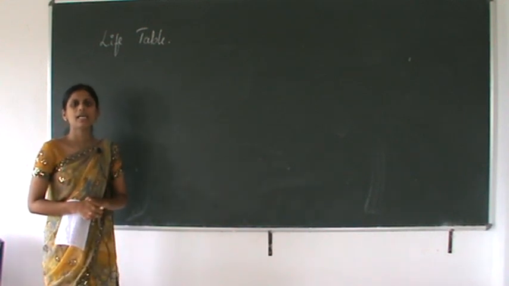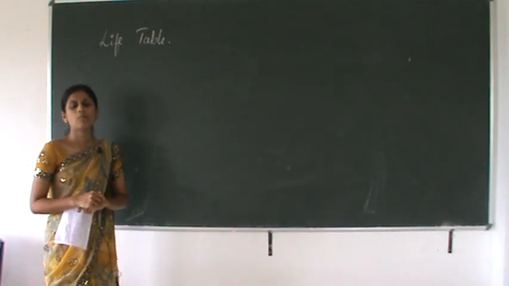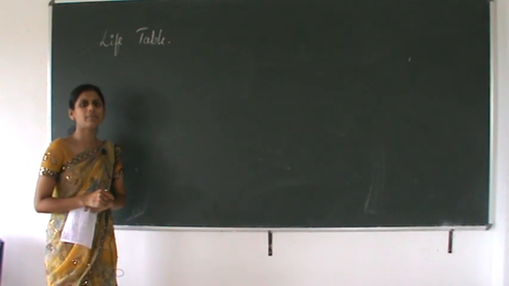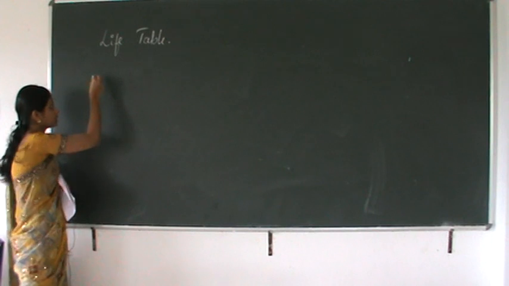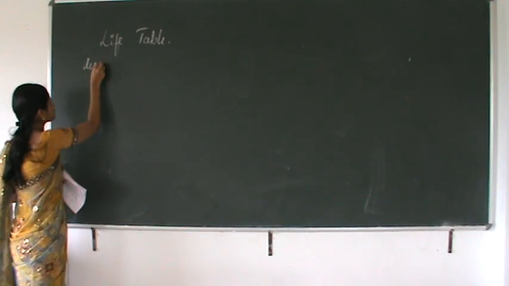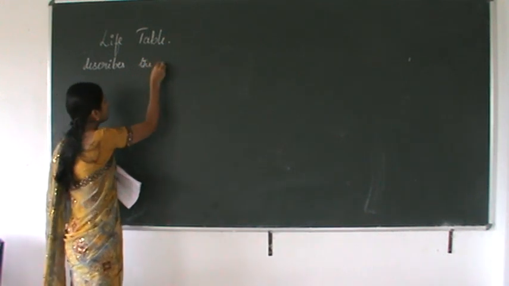Life table is a table which describes the mortality and survival pattern of a population or of individuals.